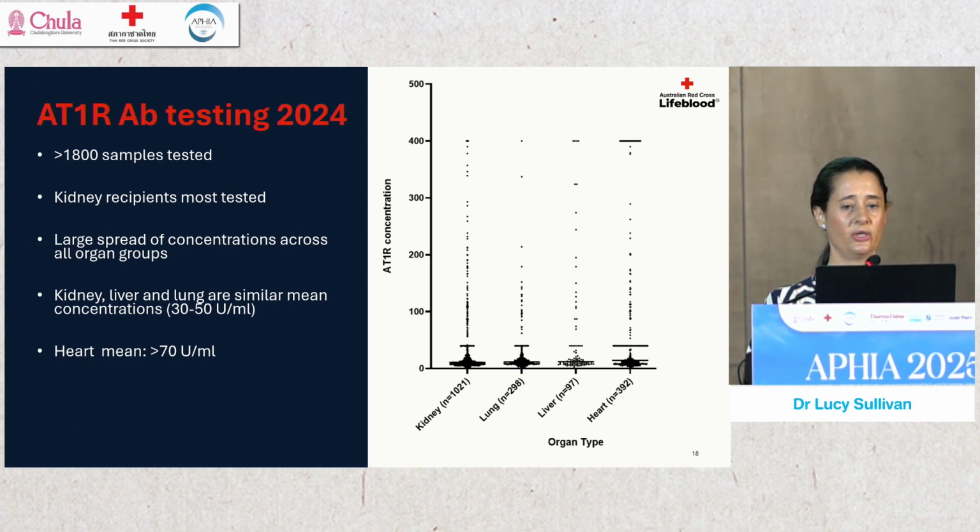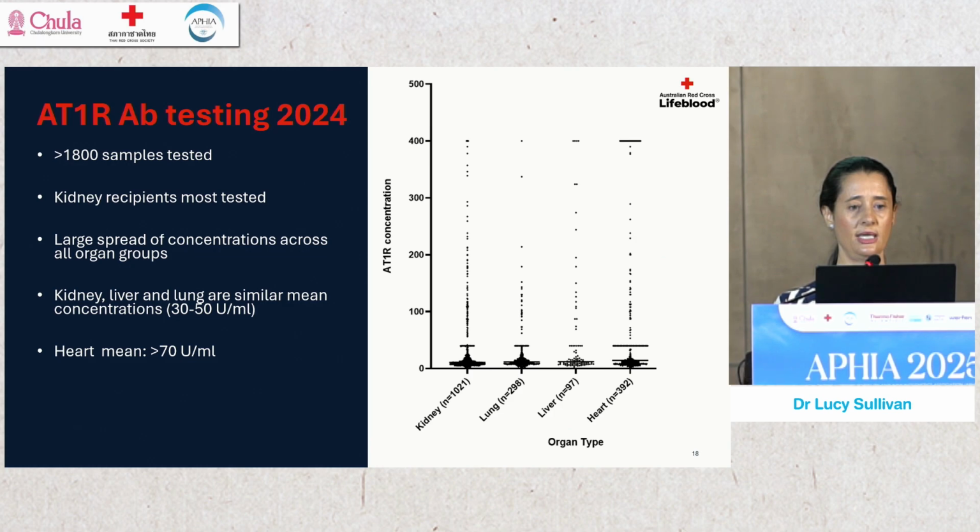There tend to be a lot of research samples coming in for our heart and lung patients rather than routine clinical testing. However, the Alfred Hospital has started doing baseline testing for their lung transplant waitlist patients. This slide shows the AT1R concentration across the different organ groups.